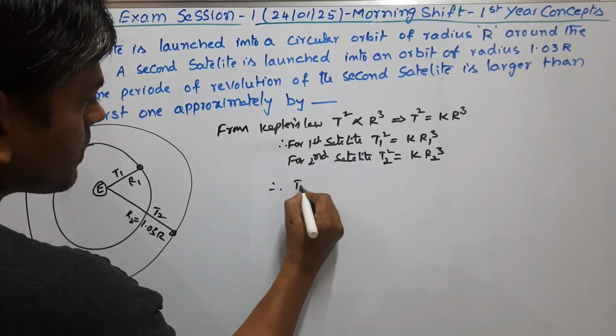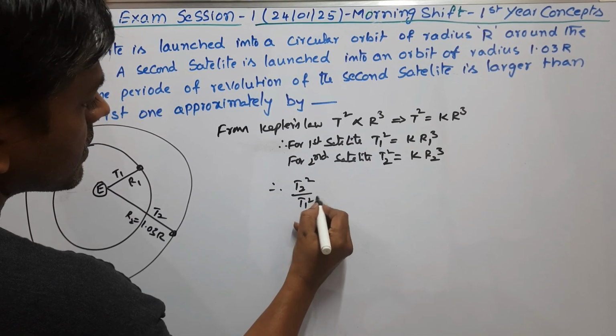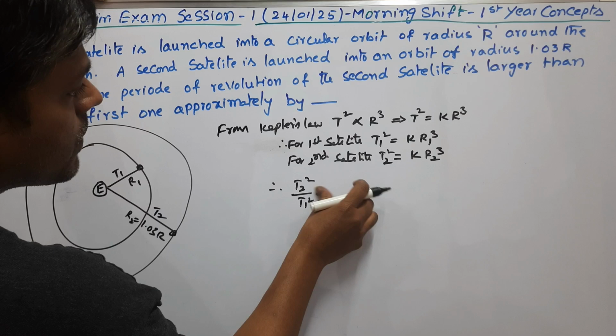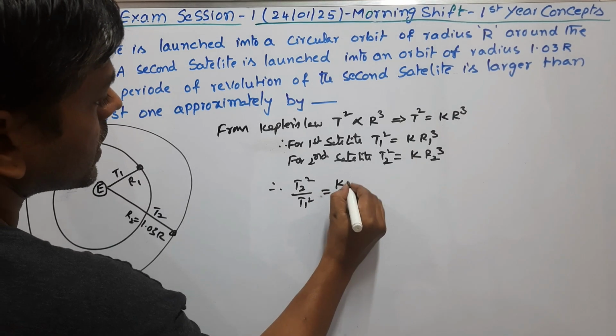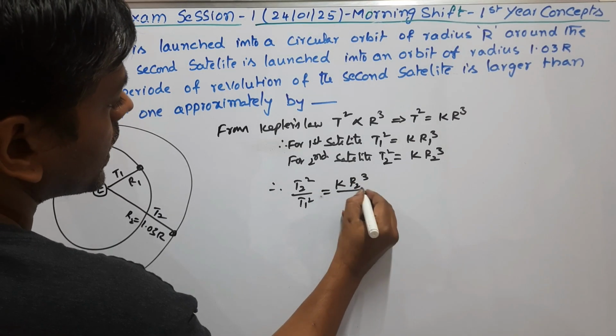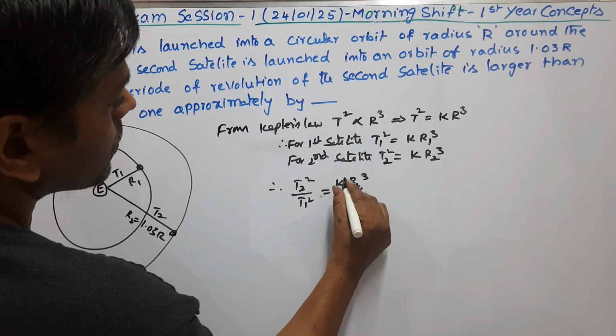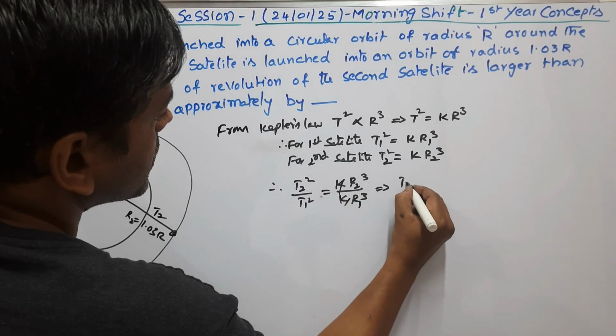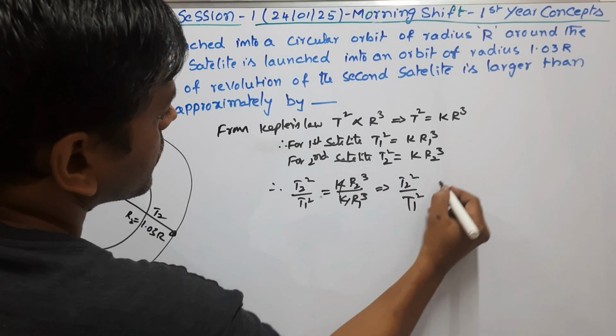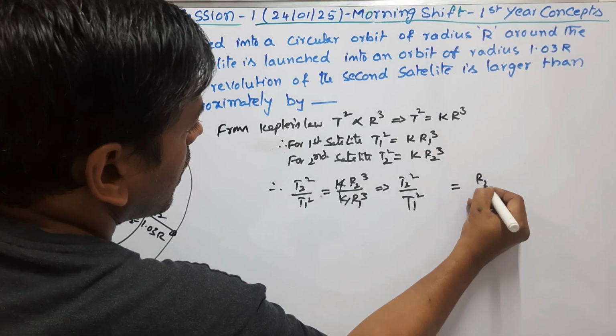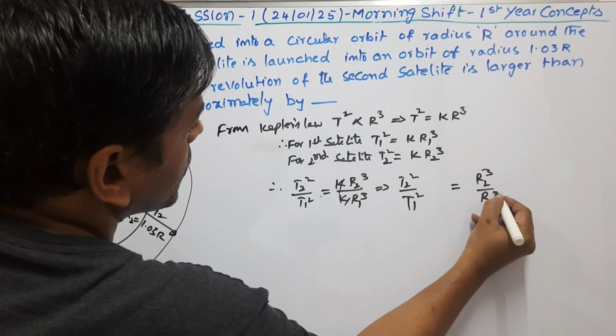Compare these two. T2 square by T1 square is equal to k into R2 cube by k into R1 cube. This k is cancelled. That implies T2 square by T1 square is equal to R2 cube by R1 cube.